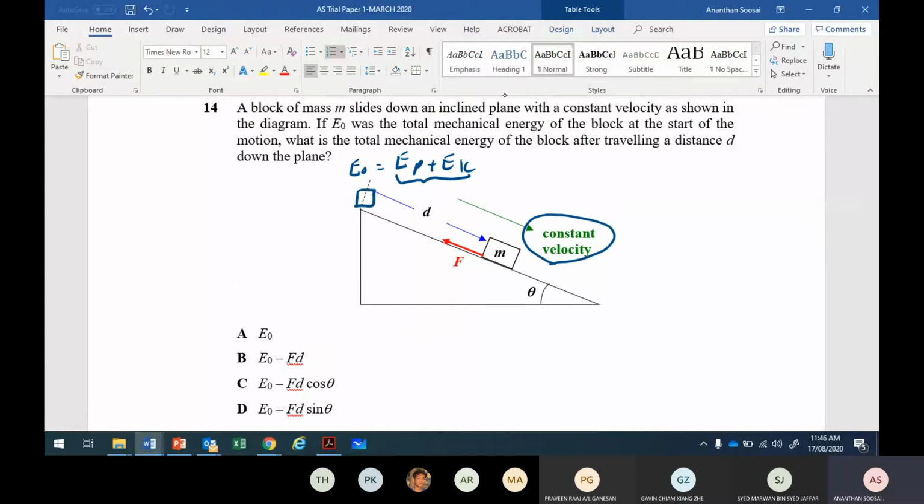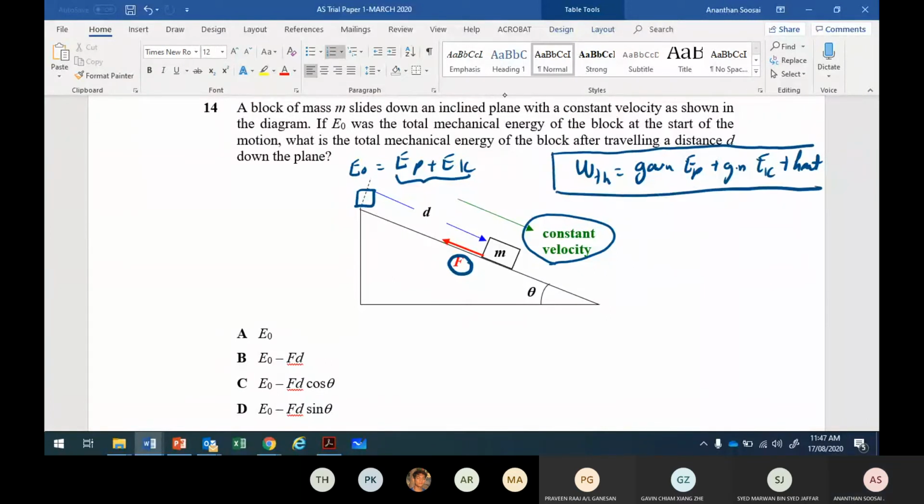When it slides down, there is a friction acting up, and it was constant velocity. So you remember the formula I told you: the work done by the thrust equals the gain in EP, plus the gain in EK, plus heat. This formula must come to your mind.